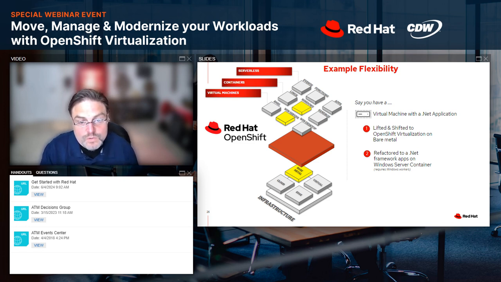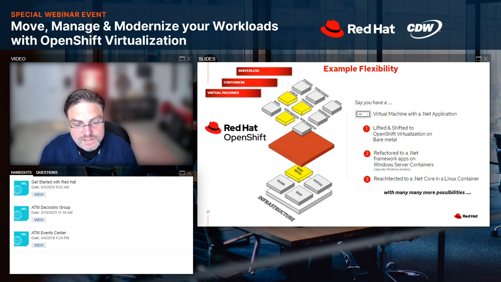So I can have a Windows server that's interacting with my OpenShift cluster. So it's basically a Windows-based worker node, and I can run a .NET Framework application so that .NET app can run within OpenShift, but as a Windows container. Or I can do a little bit of re-architecting and bring it to the more portable .NET Core standard, which would be running inside of a Linux container.